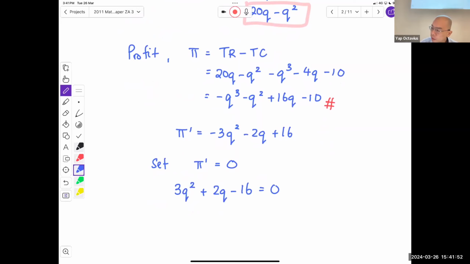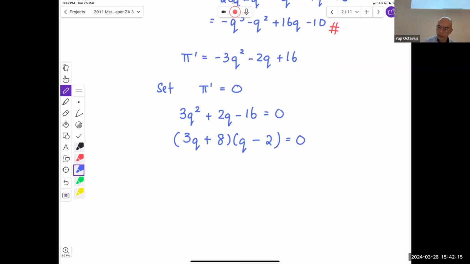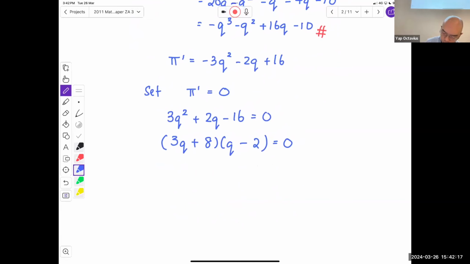Okay, factorize this. Plus 8. Okay, so Q is equals to 2.